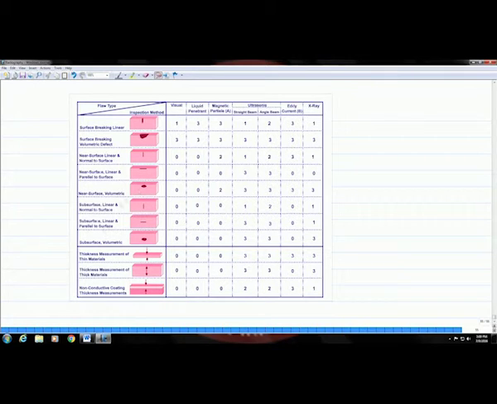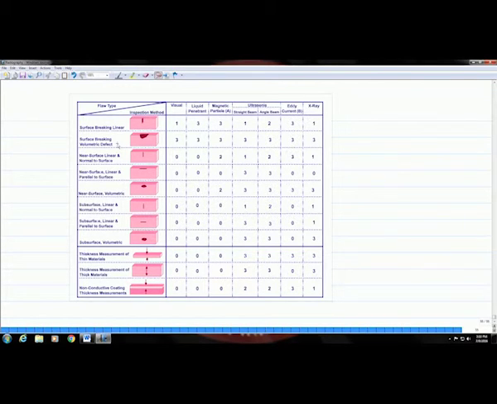So, as I mentioned before, you have to first see what is the type of defect you have, okay, whether it is a surface defect or whether it is a volume or bulk defect. You also should see what is the nature of the defect apart from the location, that means whether it is a linear defect or any volumetric defect and things like that.